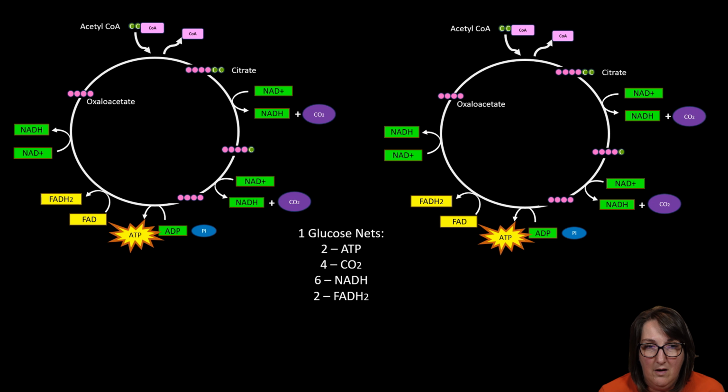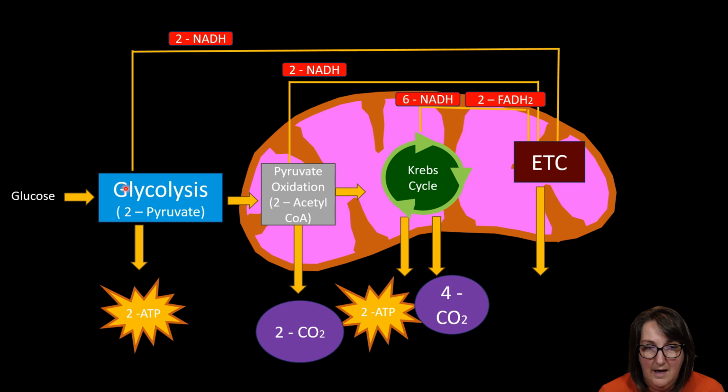So now, glycolysis, I made 2 pyruvates, I had 2 ATPs, and I made 2 NADHs to go to the ETC. Pyruvate oxidation, I made 2 acetyl-CoAs, I have waste of 2 carbon dioxides, and I made 2 NADHs to go to the ETC. The Krebs cycle, I made 6 NADH, 2 FADH2s, and these are all going to the ETC. The Krebs cycle made 2 ATP, and I have 4 carbon dioxides as waste.